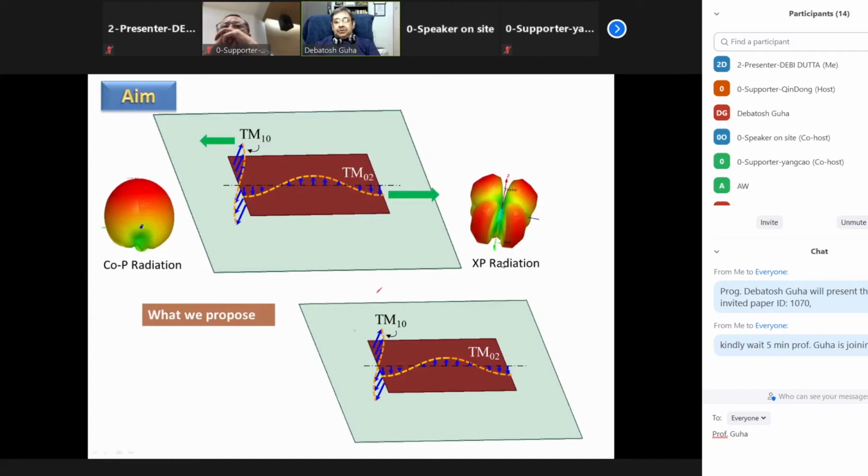And we propose that TM10 is our expected mode, so it will be there, but definitely we don't want this mode any further. But we are not going to use the techniques of ground, probe, or the cavity perturbation, nothing.